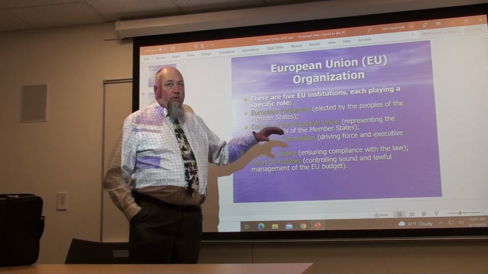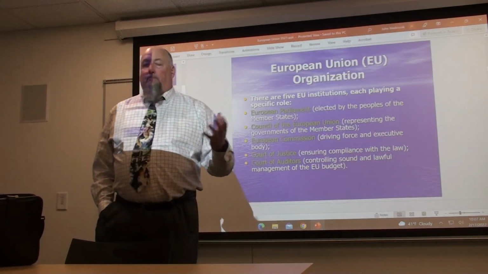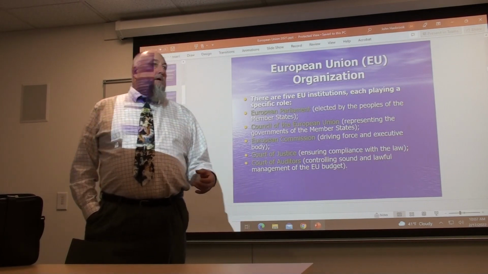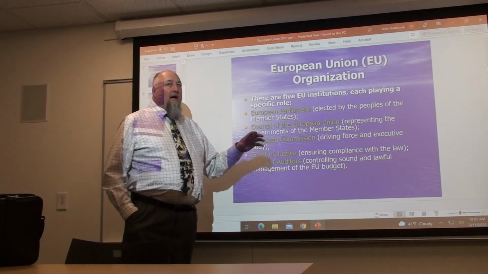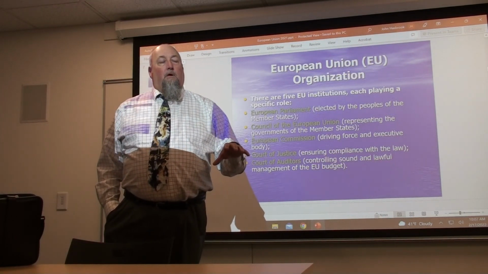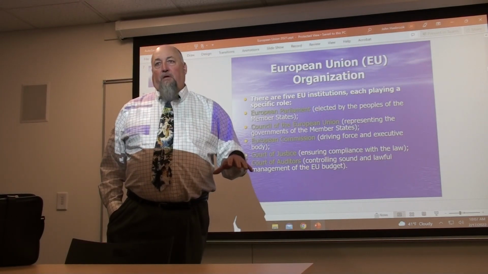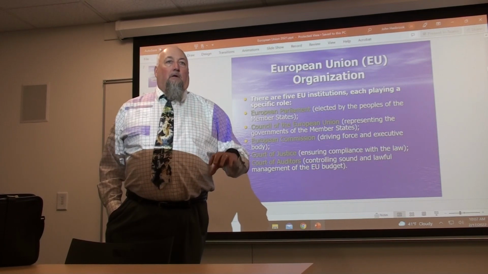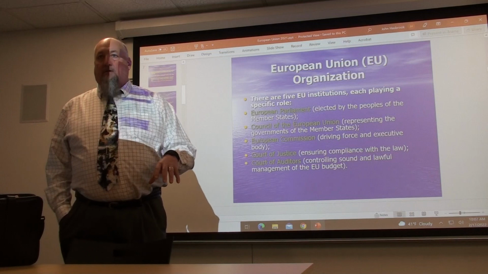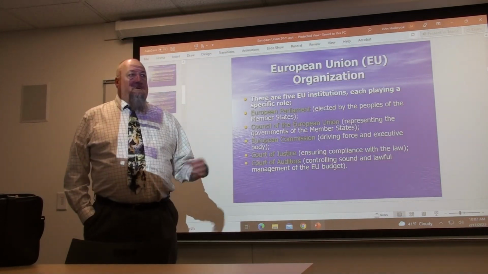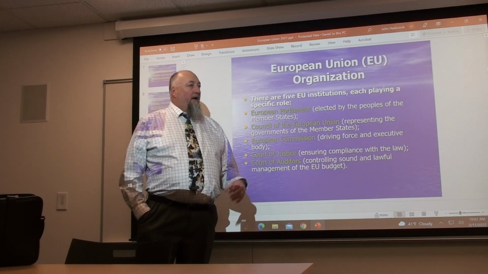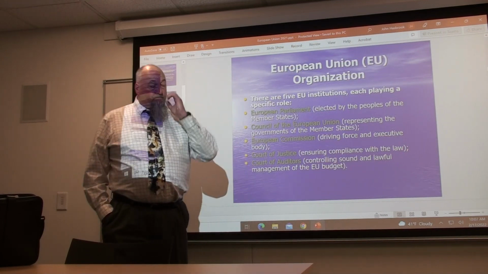So if I were to make an equivalent within the United States governmental system, the Parliament is really a lot like the House of Representatives, when they're elected, of course, by the people in the United States. The elections are based upon population of a given state within the U.S., so the number of representatives will depend on the population, and it changes, of course, all the time.